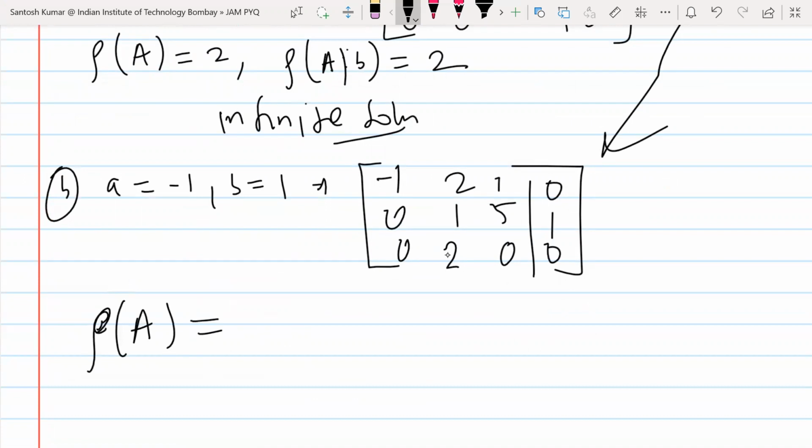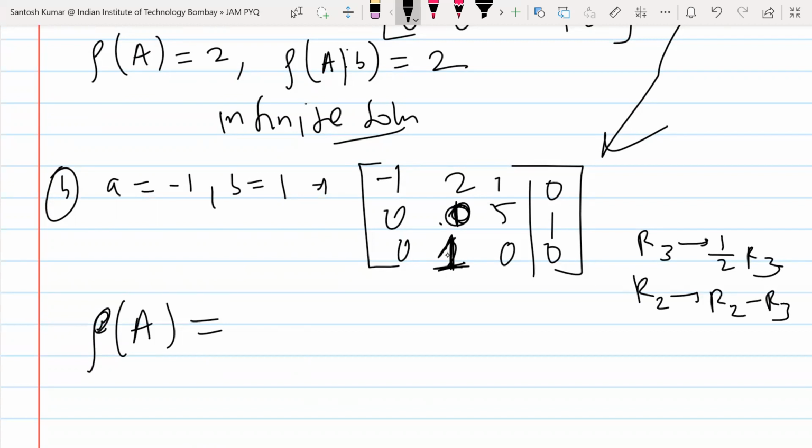We need to simplify this. If we divide the third row by 2, the third row gets 1. Then if we subtract the third row from the second row, we get 0 and the rest is the same. So I did two operations: first I divided the third row by 2, and then I changed the second row to second row minus third row. So we got this matrix.